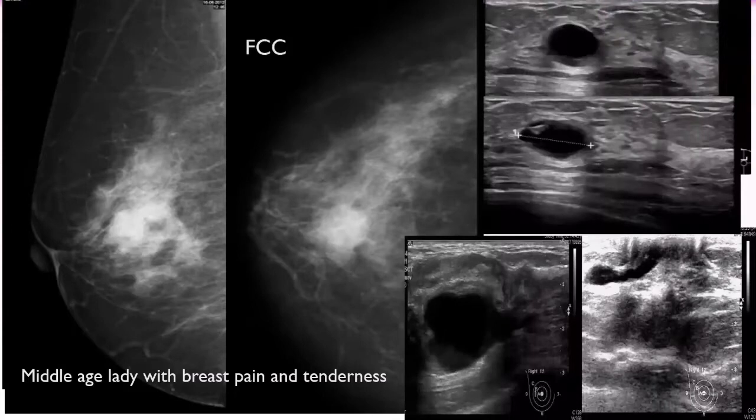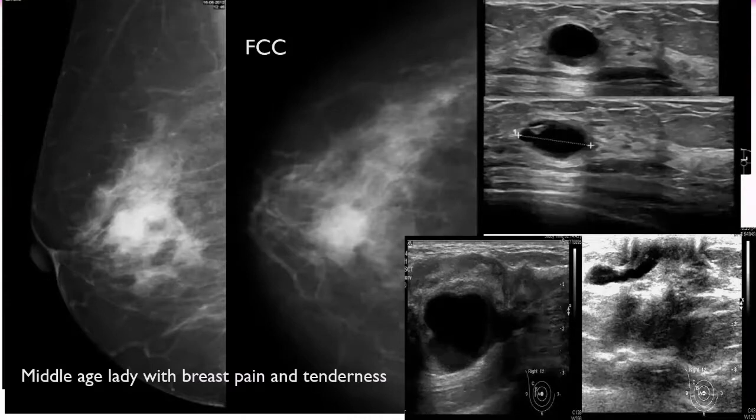Look at the ultrasound. It shows a microlobulated cystic lesion with circumscribed margins. However, there is an angular point of the cyst. The fluid inside is not clear; it's not anechoic.